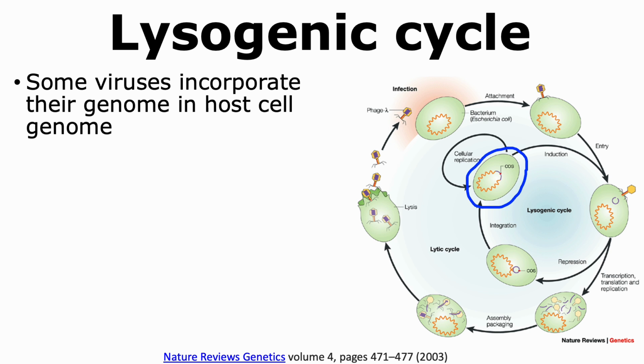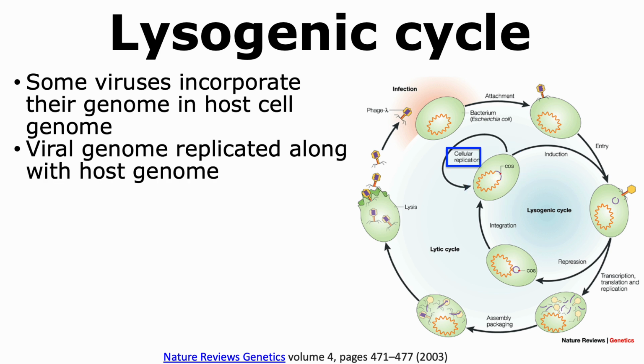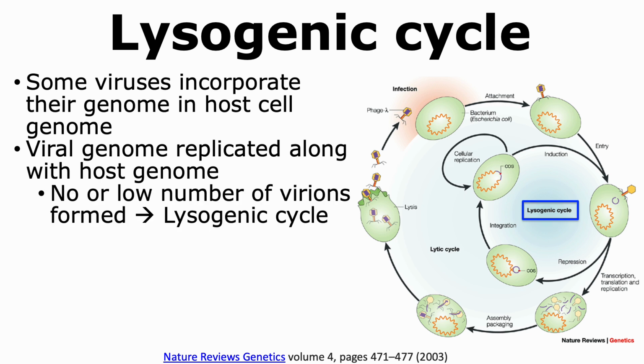Now, in this situation, when the host cell replicates its genetic information, it is also replicating the viral genome in the process. During this cycle, there is no or low number of virions being formed, and this is called the lysogenic cycle.